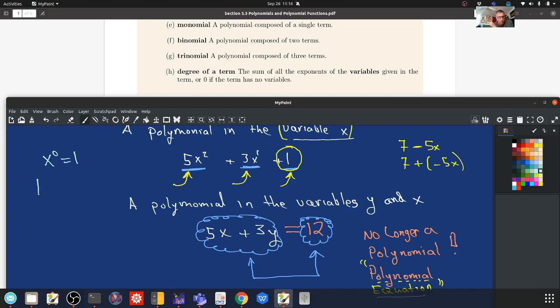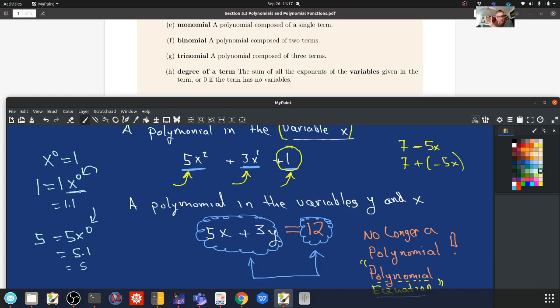So we could say 1 is equal to 1 times x to the 0, and that's equal to 1 times 1. Or we could say 5 is equal to 5x to the 0, and that's just 5 times 1, which is 5. And there we can understand the reason we're assigning the degree of constant terms to be 0.